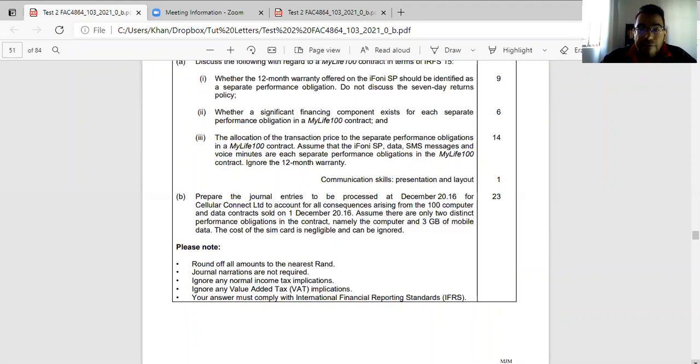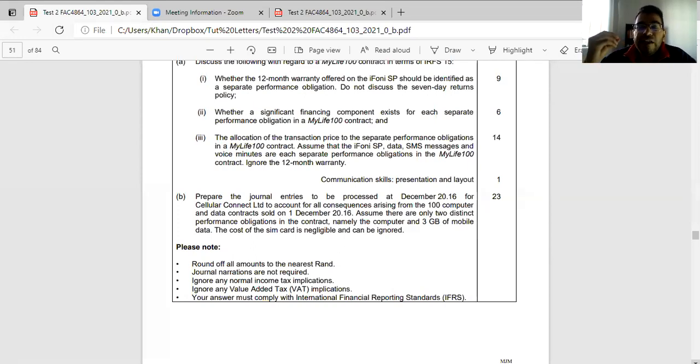And then step 5, this is where the journal entries come in. How do you recognize revenue? Revenue can either be recognized over time or at a point in time. You first have to test whether you recognize it over time. If it does not meet the criteria for over time, then you recognize it at a point in time.